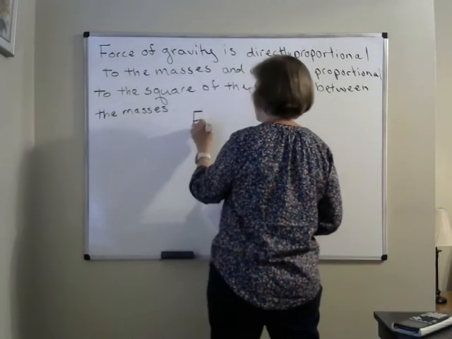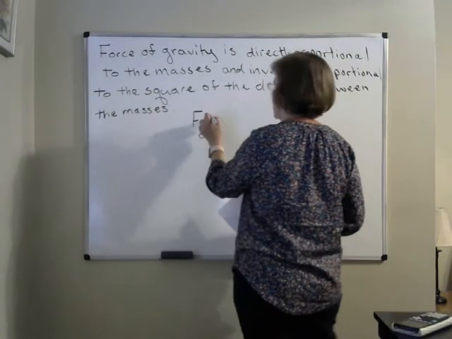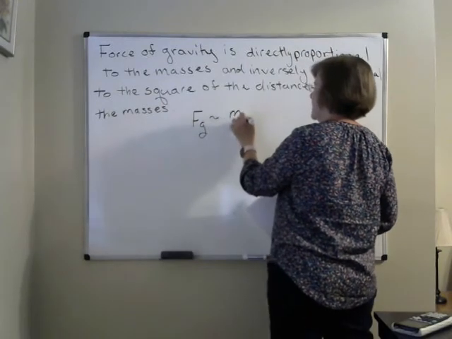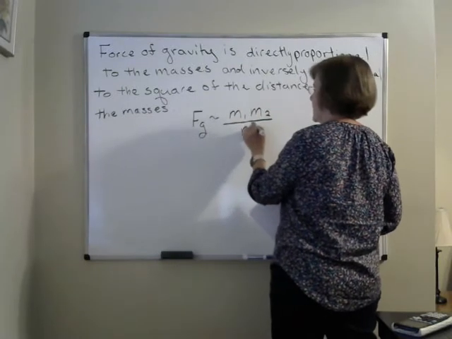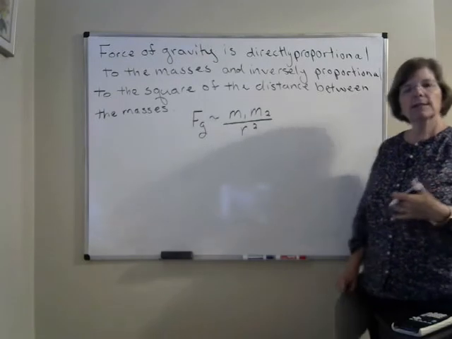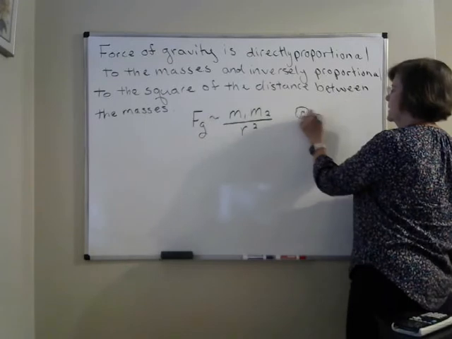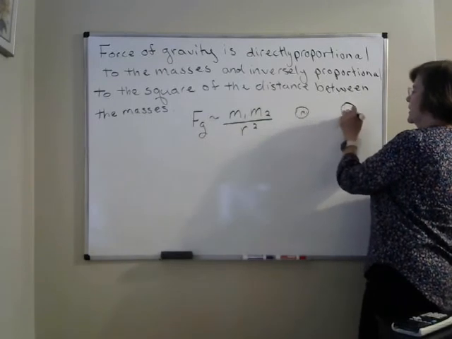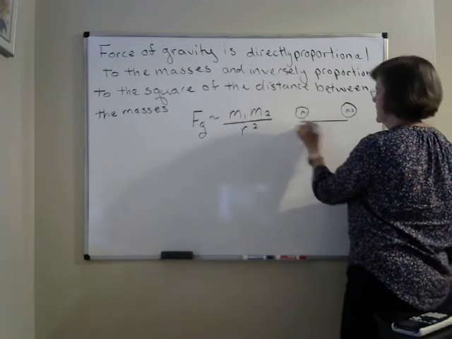The gravitational force is, well, if we do it with a proportionality, mass 1, mass 2 over r squared. Obviously, m1 and m2 are the masses, and r is this distance between them. So if we do a picture, here's m1, here's m2, and r is the distance from center to center.